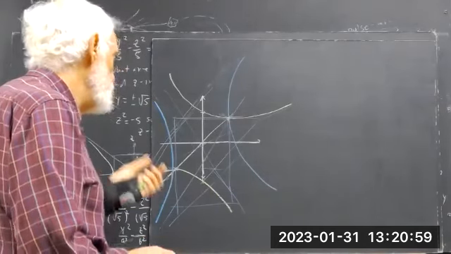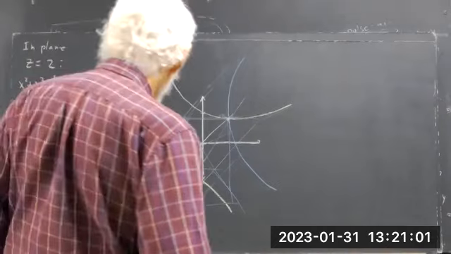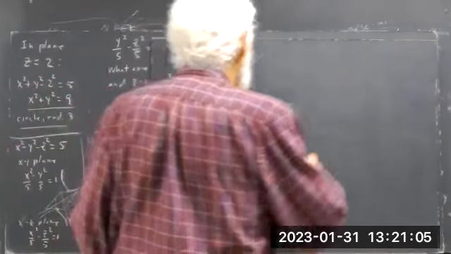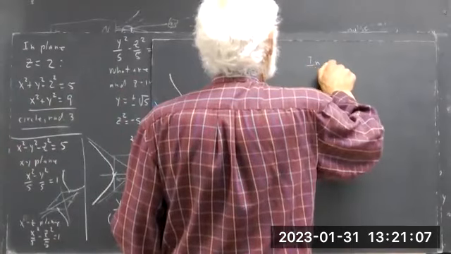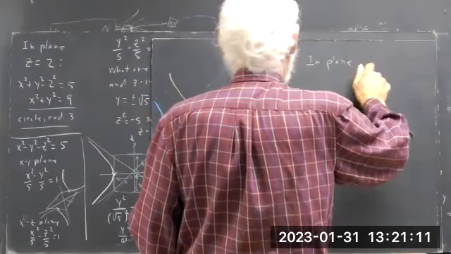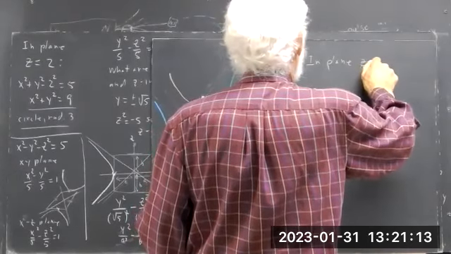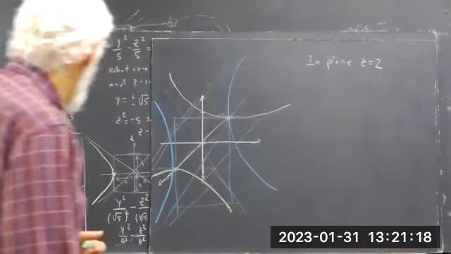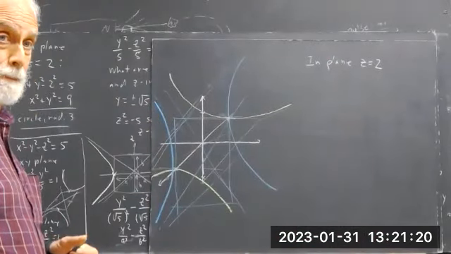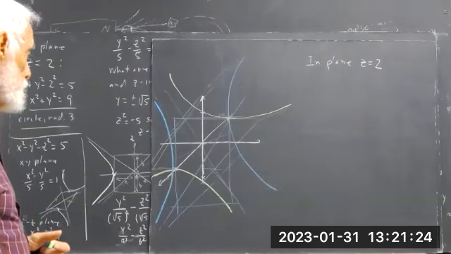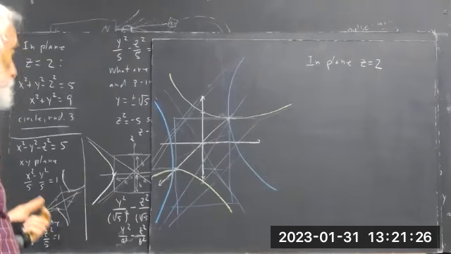In any XZ plane, let's look at what this looks like. Here's the plane. Z equals 2 again.